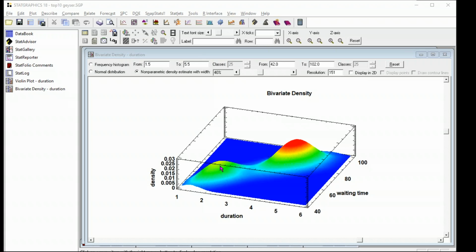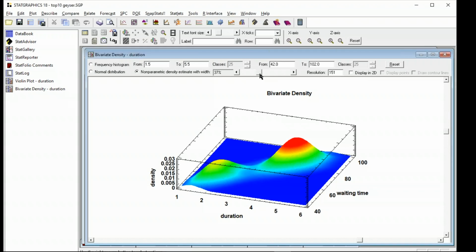You see short eruptions down here around 2 minutes in duration, for which the waiting time until the next eruption tends to be less than an hour, less than 60 minutes. On the other hand, you see a lot of eruptions also lasting about 4.5 minutes, but after those eruptions, you typically have to wait about 90 minutes until the next.